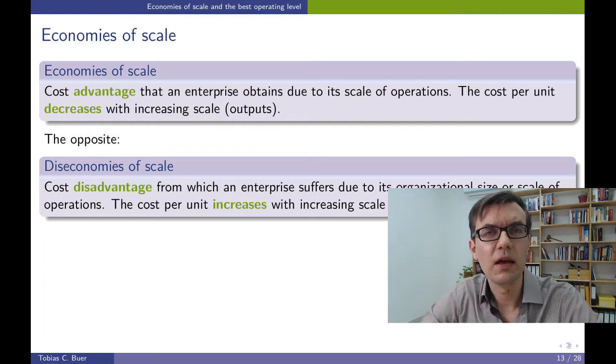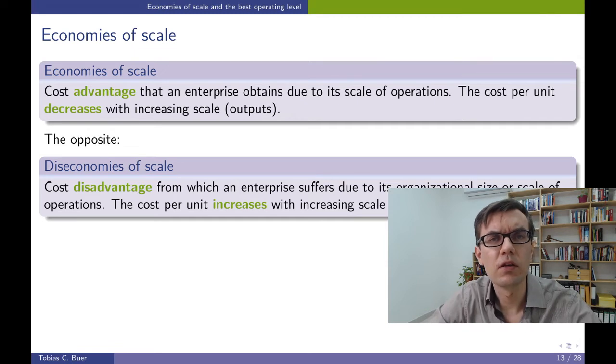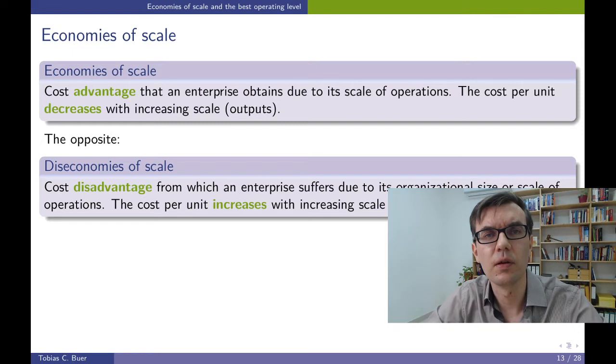So let's say we build a big container terminal, and we can use this container terminal and all the equipment that we buy to operate this terminal. We can use this for 20 years. So if we have a turnover of only 1,000 containers during these 20 years, then each container creates the total cost of the terminal divided by 1,000.